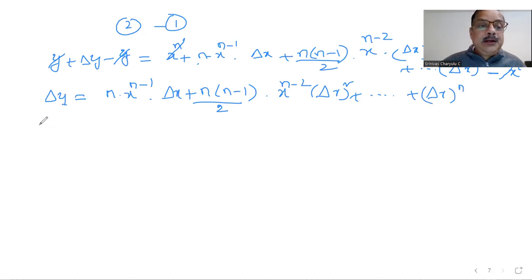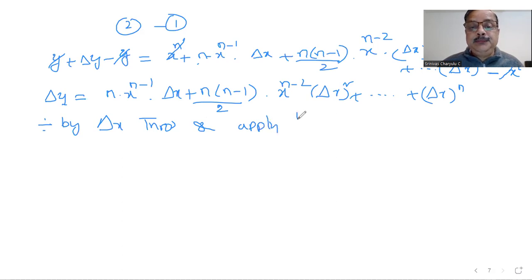Now divide by delta x throughout. So the procedure doesn't change. Divide by delta x throughout and apply limit delta x tends to 0.